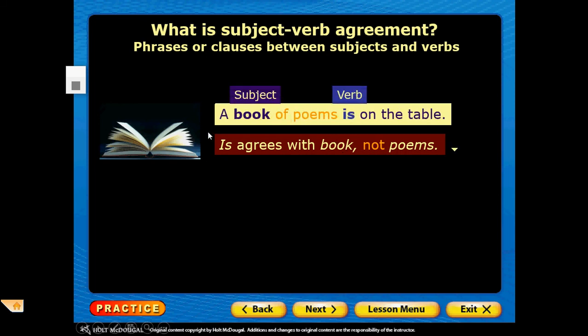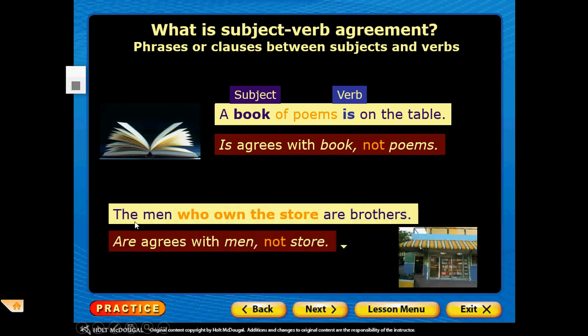A book is the subject, and the verb is is. It confused me. Of poems is a group of words in between the subject and verb. So, a book of poems is on the table. That one was a little bit tricky, because we have to remember that is is the verb in that sentence.